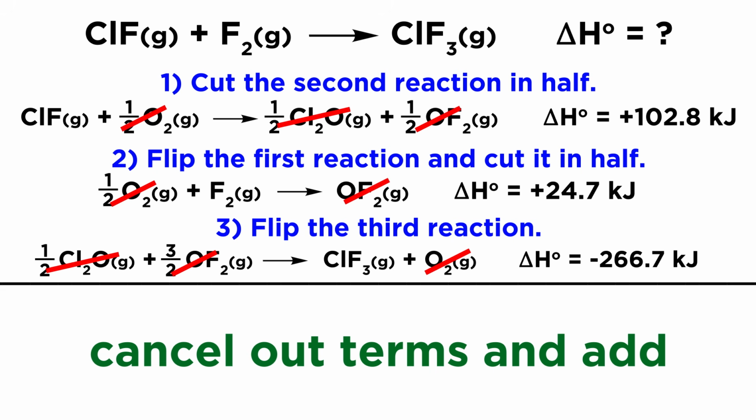So 3/2 OF2 total as products and 3/2 as reactants. And so those will also cancel nicely. And what are we left with? We are left with just what we wanted. We've got ClF, we've got F2, and we've got ClF3. So that is what we wanted. We do end up with the reaction as listed at the top.